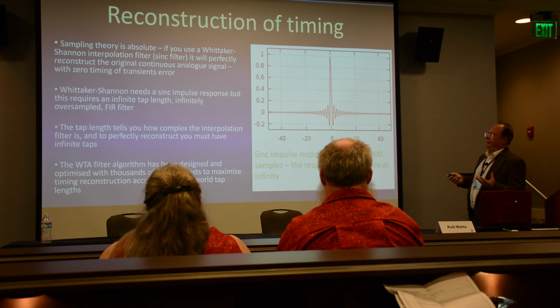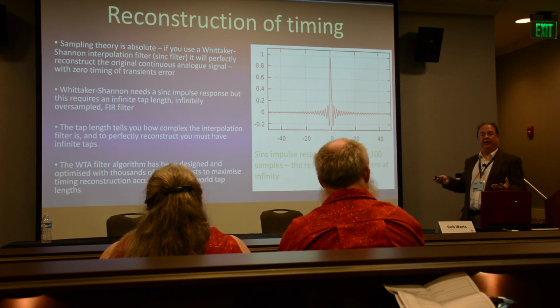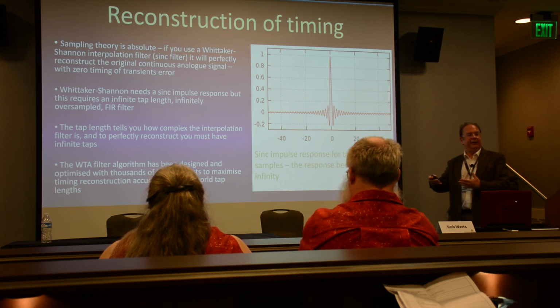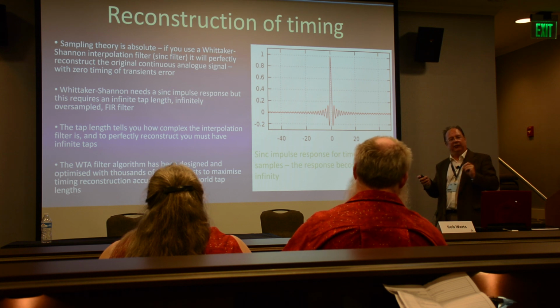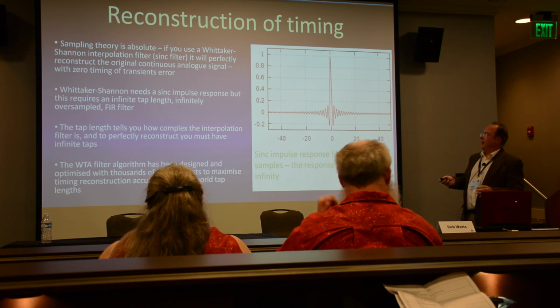Now, you've got two issues here. One issue is that the tap length, which defines how effective the filter is, will determine how effective the reconstruction will be. The other thing is the algorithm that you use to create the coefficients.